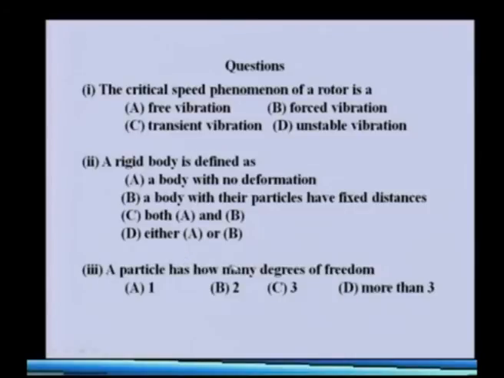So how many degrees of freedom can a particle have? Because it has no physical dimension, it will have only translatory or linear motions in the x, y, z directions. There will not be any tilting of the particle; we cannot represent that. So we have the degrees of freedom of a particle as 3.